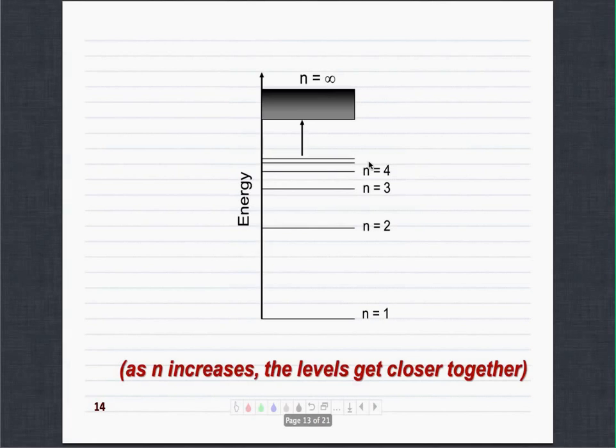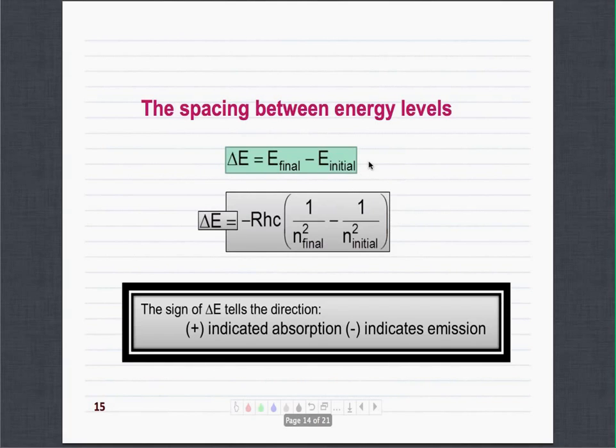Now, if I have a transition from n equals 1, let's say, to n equals 3, this is the equation, and you will be given this equation in the exam, but you need to know how to use it. Let's say I have an electron that transits from n equals 1 to n equals 3. The delta E, which is the difference between the two energies, equals minus RHC times 1 over n squared final minus 1 over n squared initial.